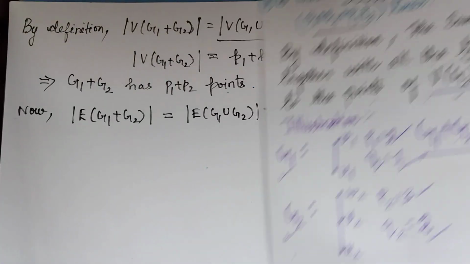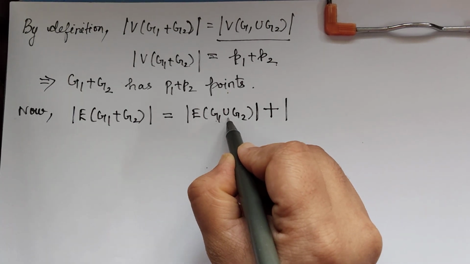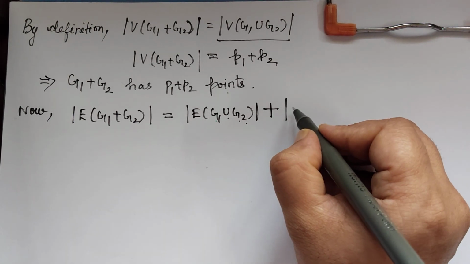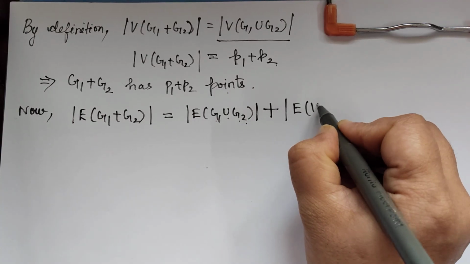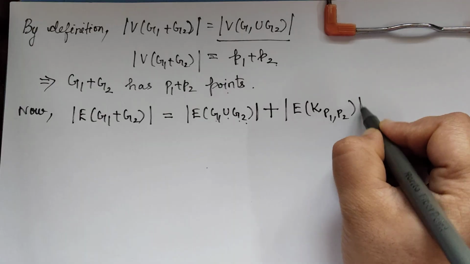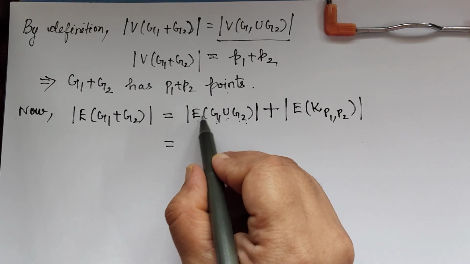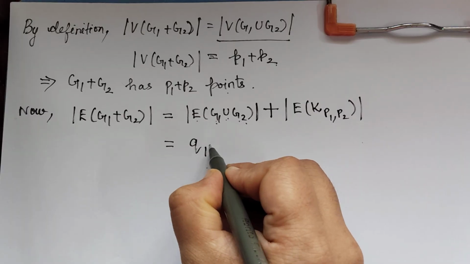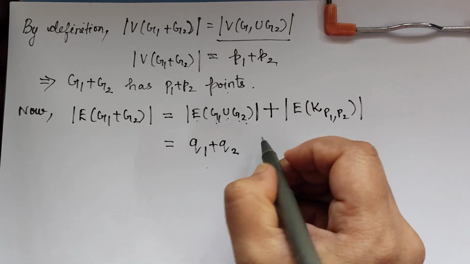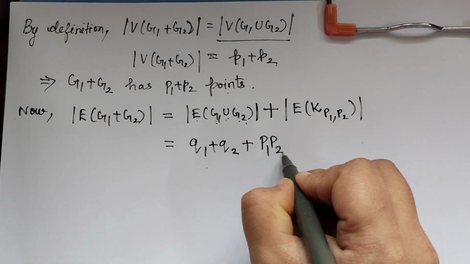So using that, we know that this will be equal to the cardinality of the edge set of G1 union G2 plus the cardinality of the edge set of K of P1 comma P2. And that is equal to, we know that the edge set of G1 union G2, we have already seen, is Q1 plus Q2 from the first subdivision, plus what about this, just now I told you it is P1 multiplied with P2.